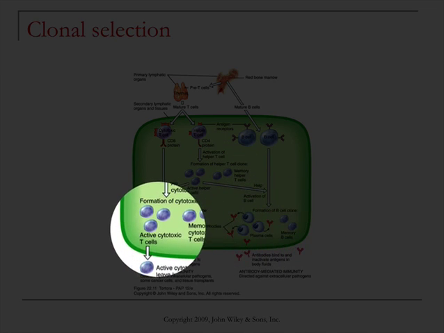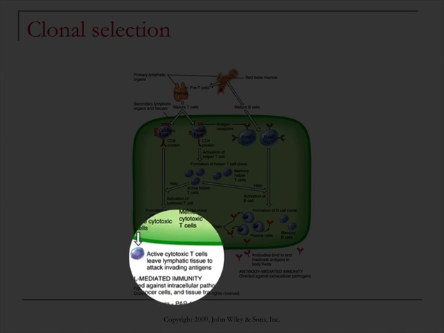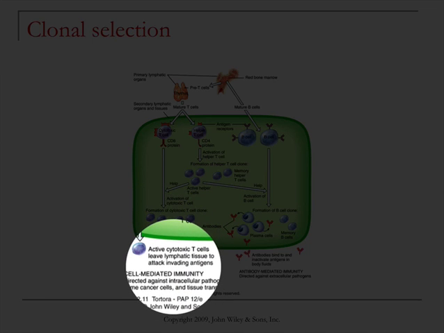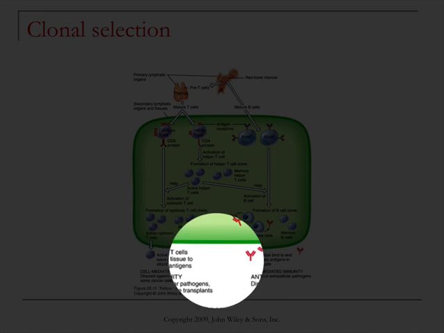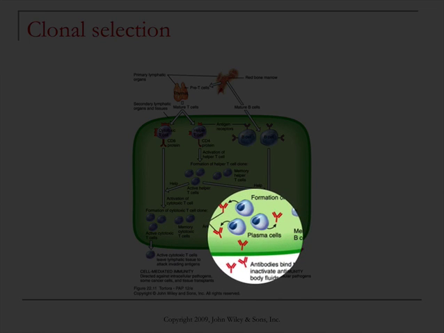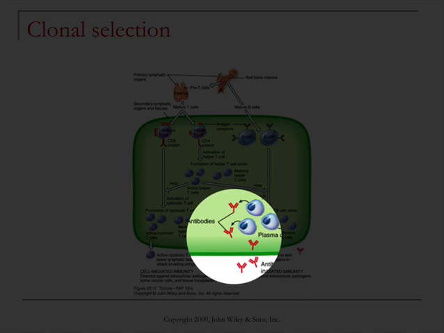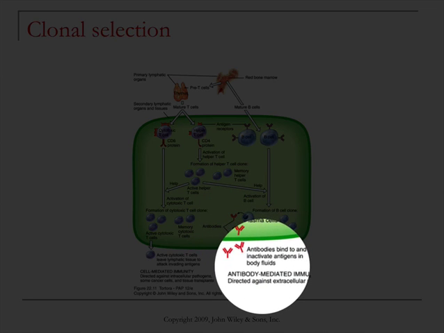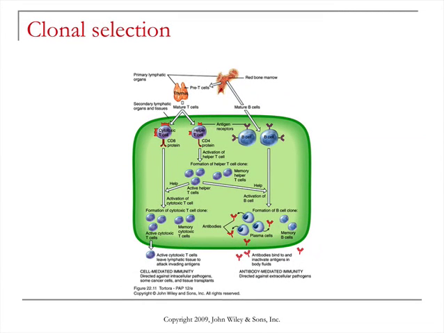It's the active cytotoxic T cells that are going to do the actual action of killing the antigen. Plasma cells secrete antibodies which will bind to and inactivate the antigens. And again, the memory cells of all three types stay in the body and simply are able to respond much quicker if you get exposed a second time to that same antigen.